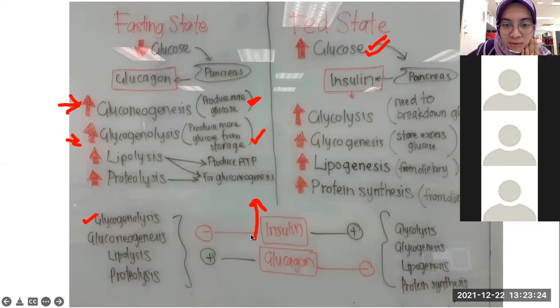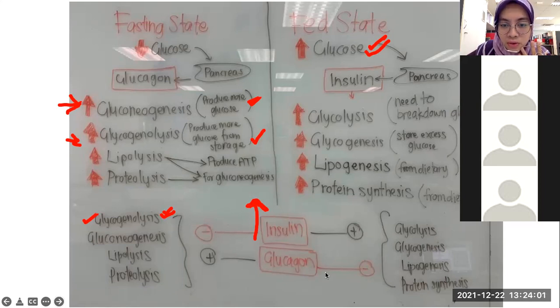That is why when we have a high insulin level, it will inhibit glycogenolysis, because we don't need more glucose in our blood, but we need to break down the glucose to utilize the energy. Same goes for gluconeogenesis. High insulin will inhibit it because high insulin indicates we already have high glucose, so we don't need more glucose to be produced from non-carbohydrate sources.